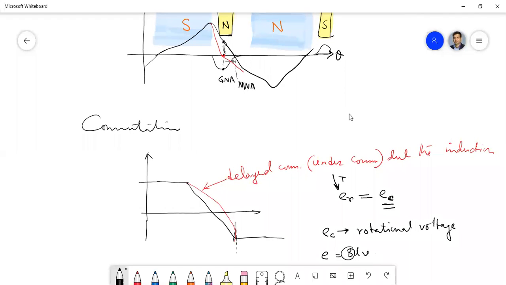To produce some rotational voltage again at the commutation zone. Okay, now why is this required? Because already we have some ER there. To neutralize this ER, we need some rotational voltage EC.